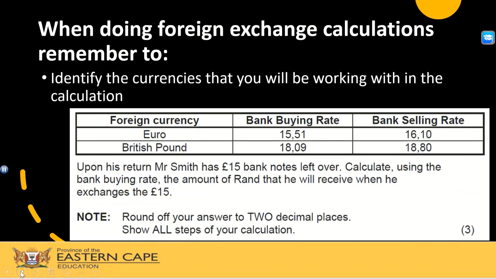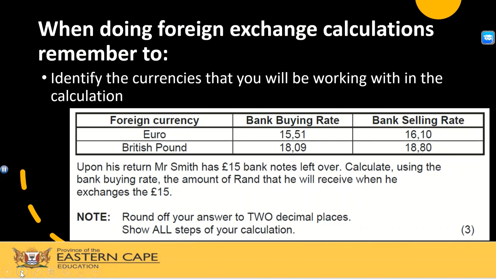Now we're going to do a second exercise, and it's based on the same scenario that you had previously. Remember, firstly, we identify the currencies that we will be working with in the calculation. So let us read the calculation together. Upon his return, Mr. Smith has £15 in banknotes left over.